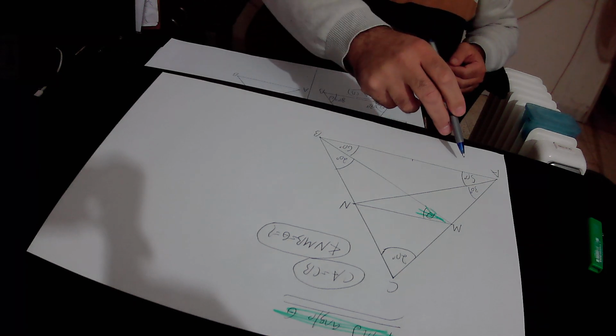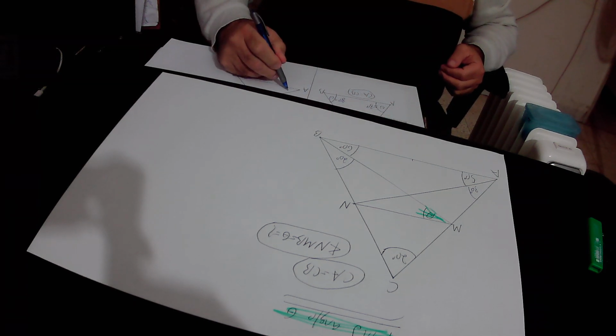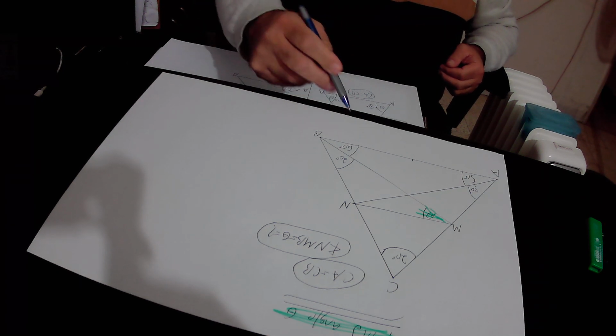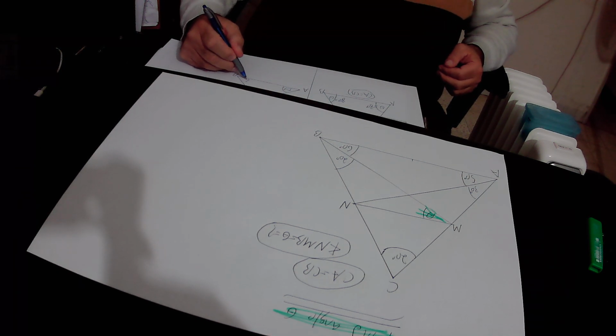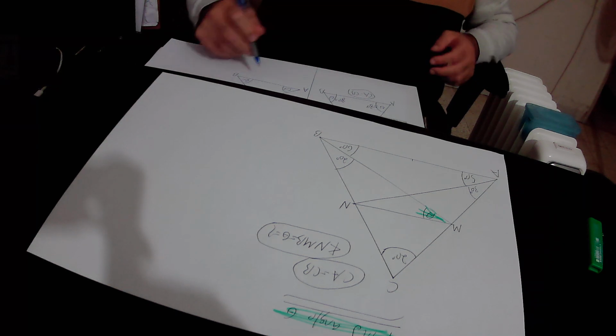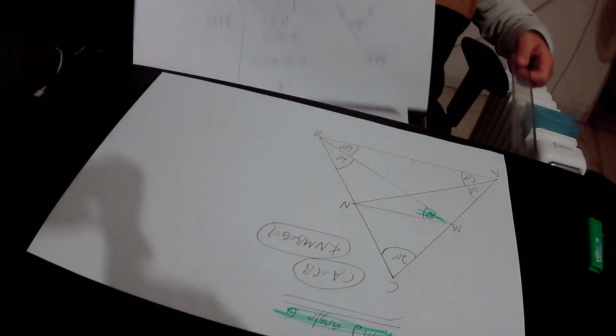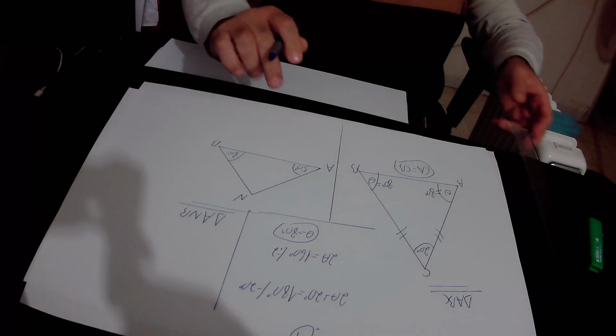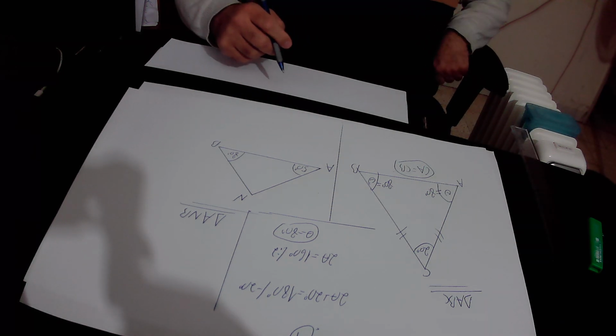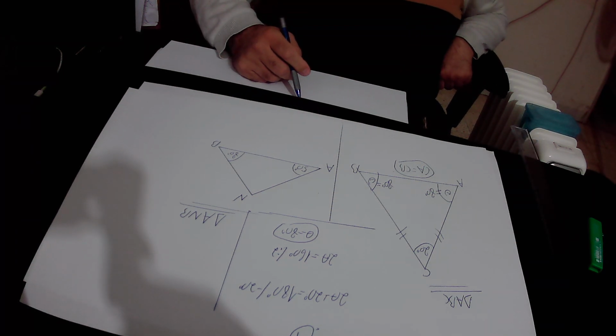Angle NAB equals 50 degrees, and this is angle theta that is equal to 80 degrees. So actually, this is triangle ANB that I copied from the original drawing.